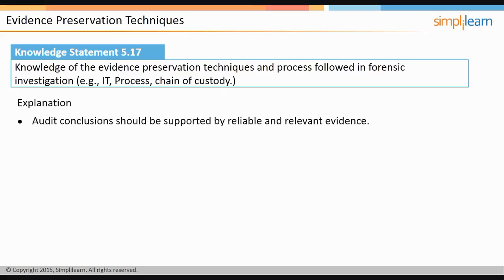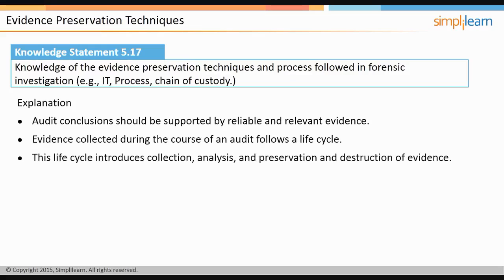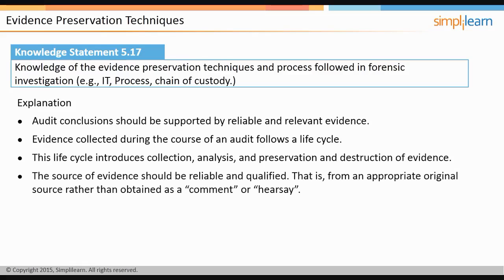Audit conclusions should be supported by reliable and relevant evidence. Evidence collected during the course of an audit follows a life cycle. The life cycle includes collection, analysis, preservation, and destruction of evidence. The source of evidence should be reliable and qualified, that is, from an appropriate original source rather than obtained as a comment or hearsay.